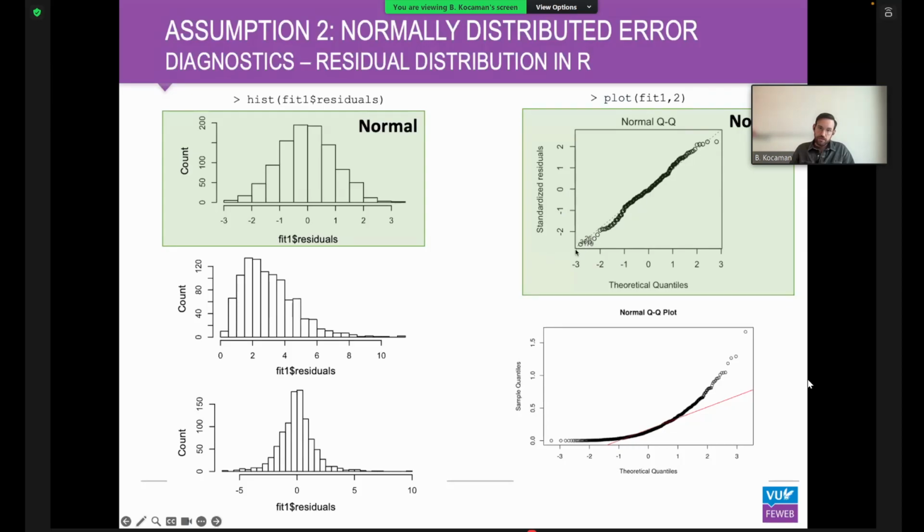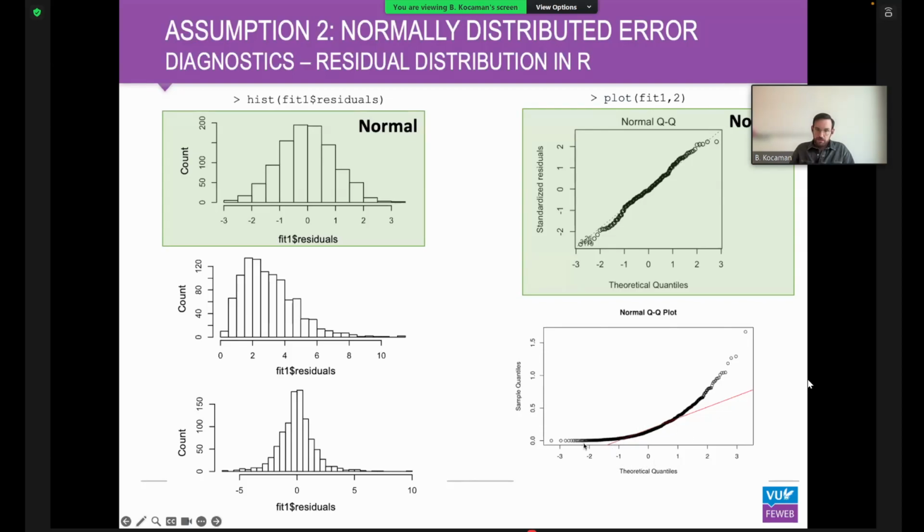So if you see this 45-degree line, so this comes from -3, -2, etc. The same goes for here. So this is the 45-degree line. If your standardized residuals match the theoretical quantiles along this 45-degree line, then you can conclude that your residuals are distributed normally.